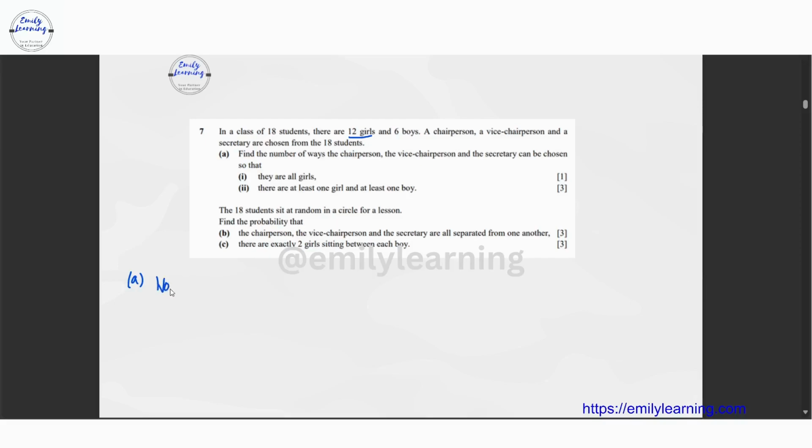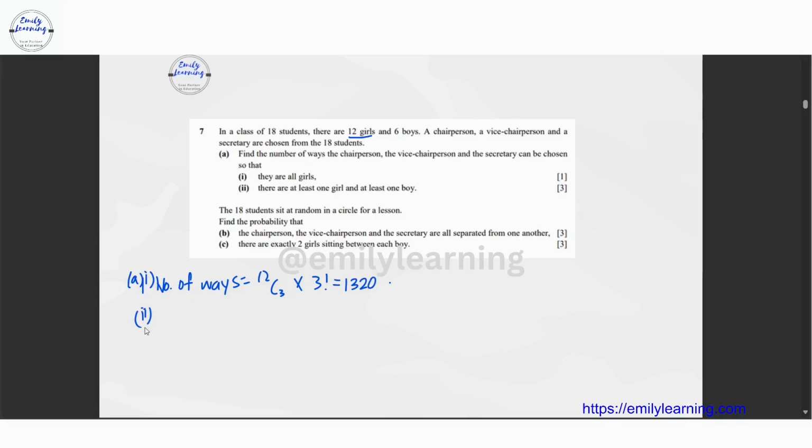So the number of ways is 12 choose 3. After choosing 3 students out of these 12 girls for the 3 different positions, I need to times 3 factorial. This will give me 1320.